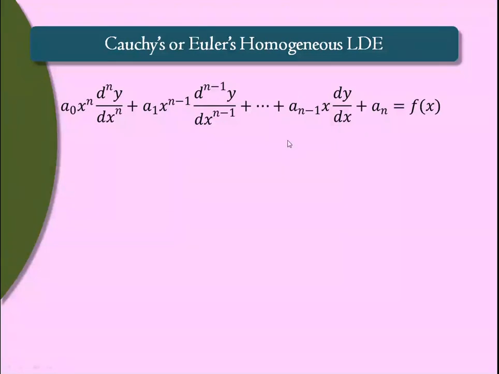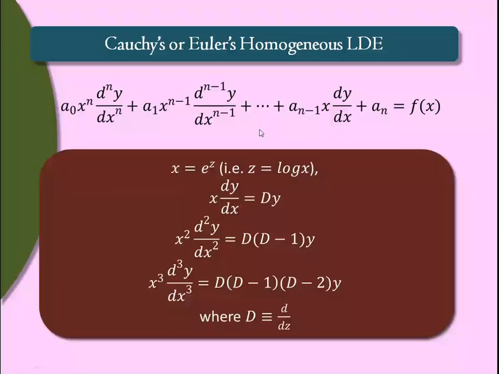Now again, if you remember all the substitutions for Legendre's, you can get the corresponding substitutions for Cauchy's equation. There we put ax plus b equal to e raised to z. Now instead of that, we put x equal to e raised to z. So in that substitution, put a equal to 1 and b equal to 0.